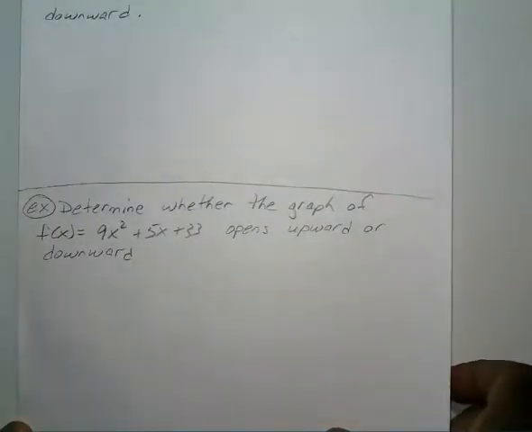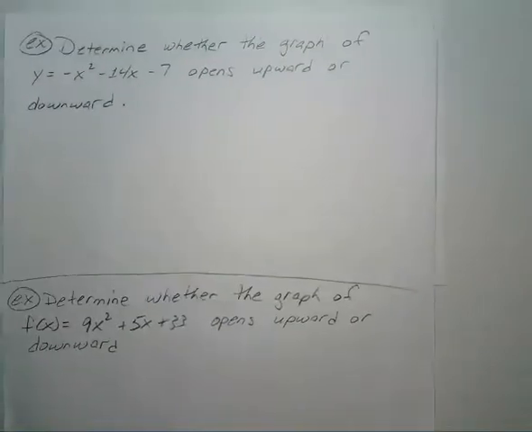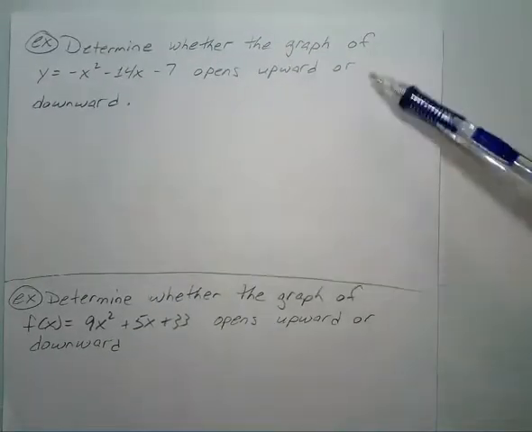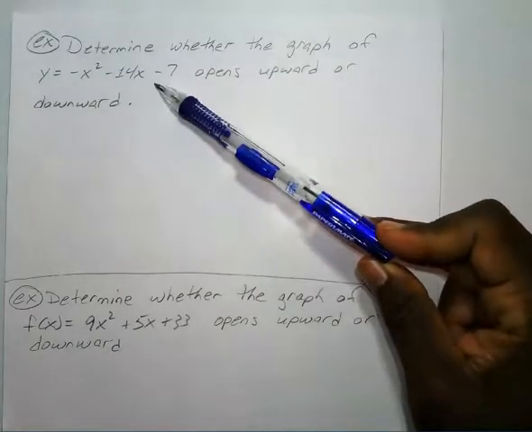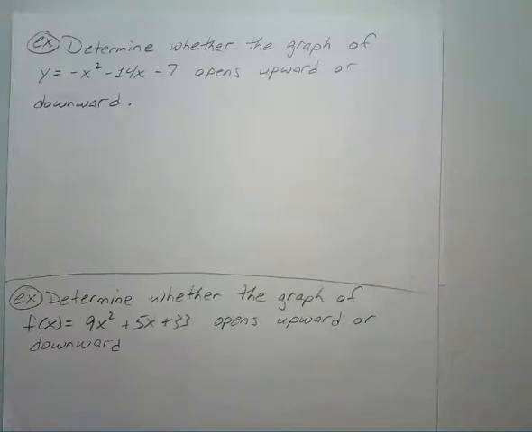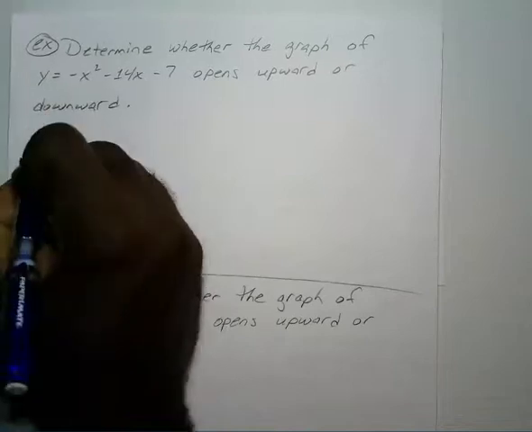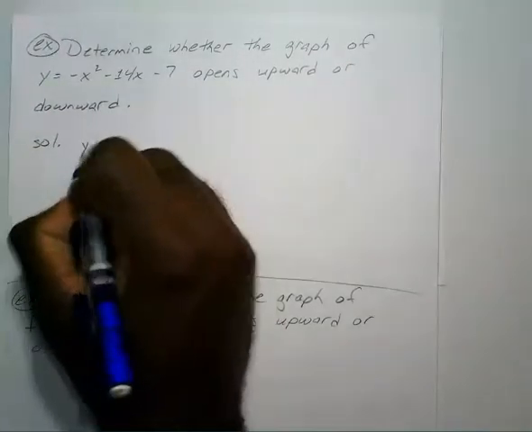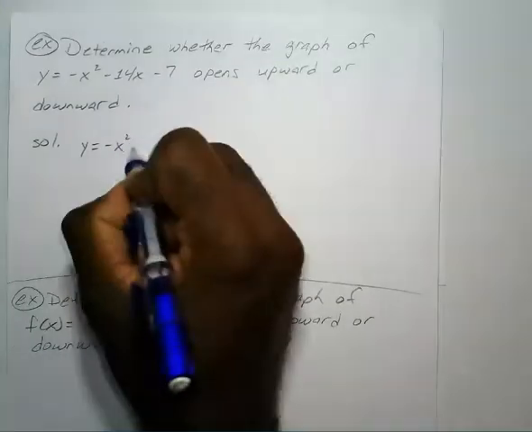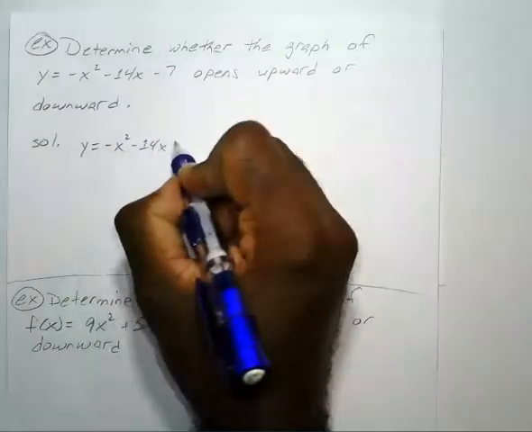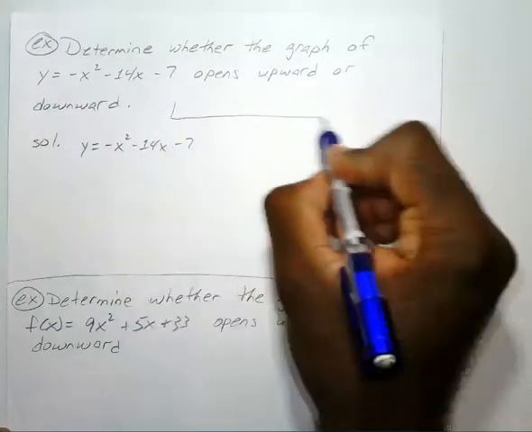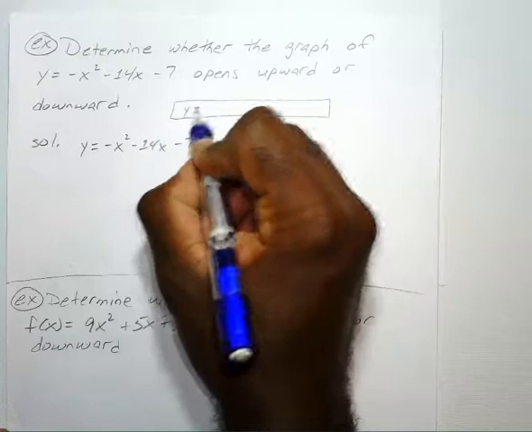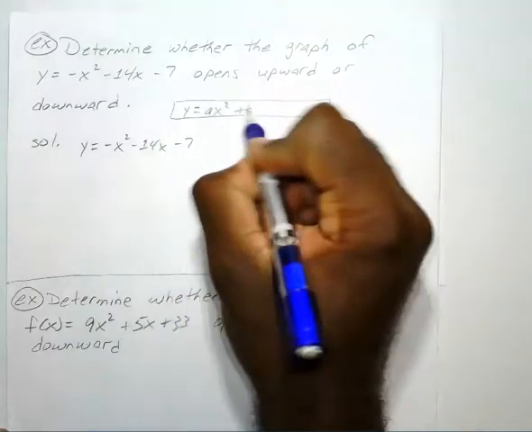For these examples, for the first one, we want to determine whether the graph of negative x squared minus 14x minus 7 opens upward or downward. To solve this, I'm just going to rewrite it: negative x squared minus 14x minus 7. Remember, we're looking at the form y equals ax squared plus bx plus c.